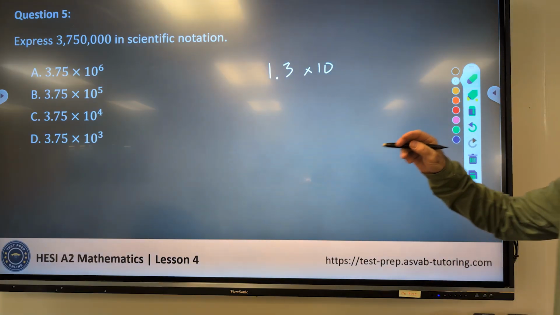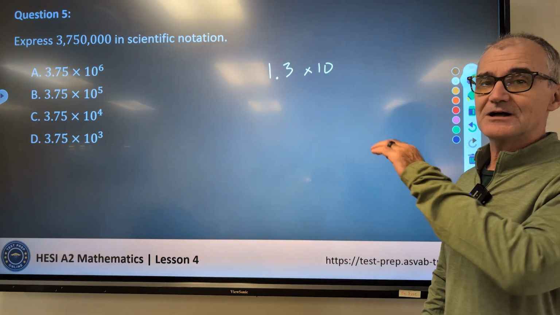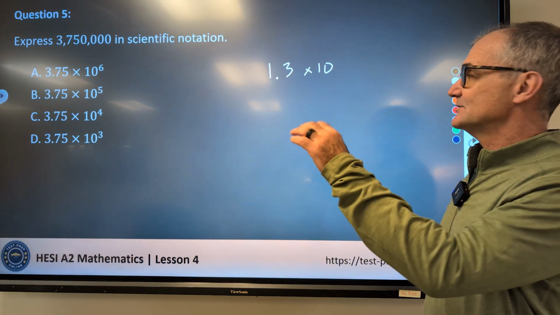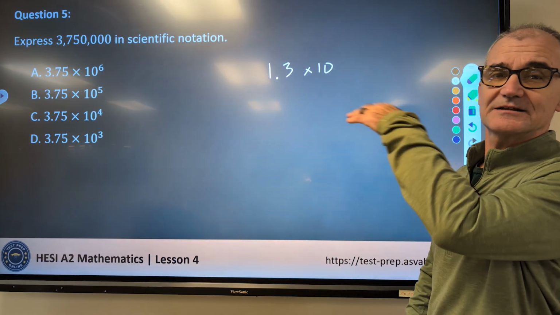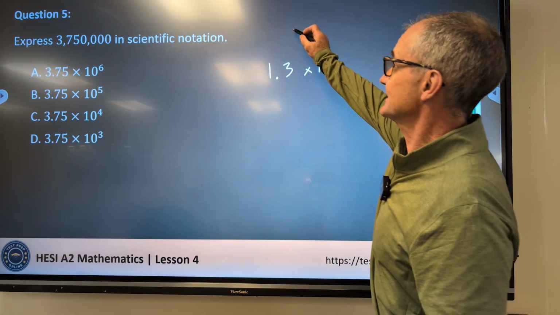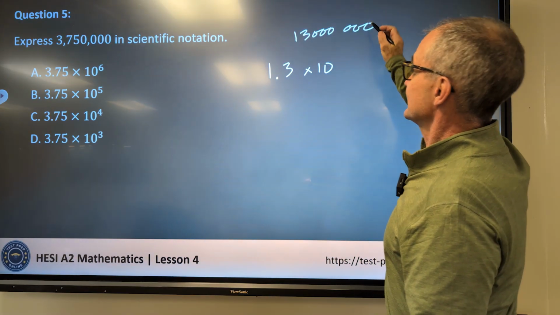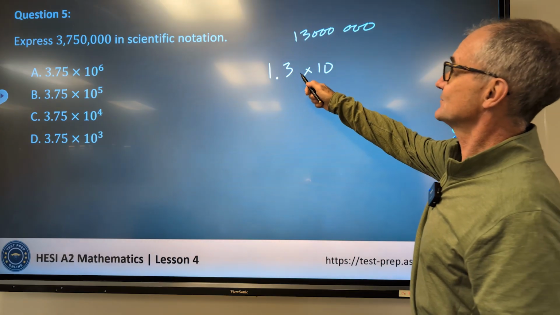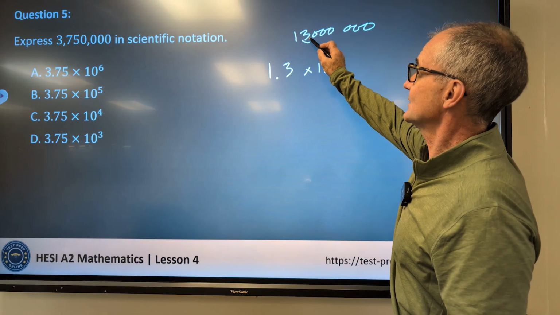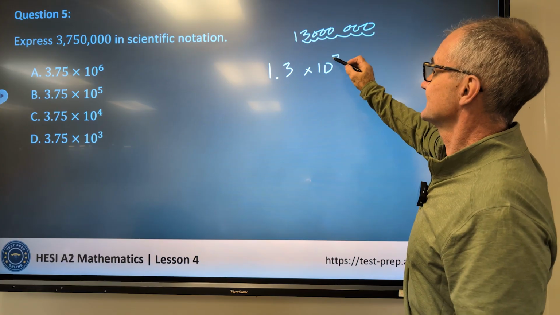So if it was 0.000003, rather than having to write all of those zeros in the front, you would say 3 times 10 to the negative 6, or whatever it is. If it was a really big number, you would just count up the zeros and turn it into 1.3 times 10 to the 1, 2, 3, 4, 5, 6, 7.